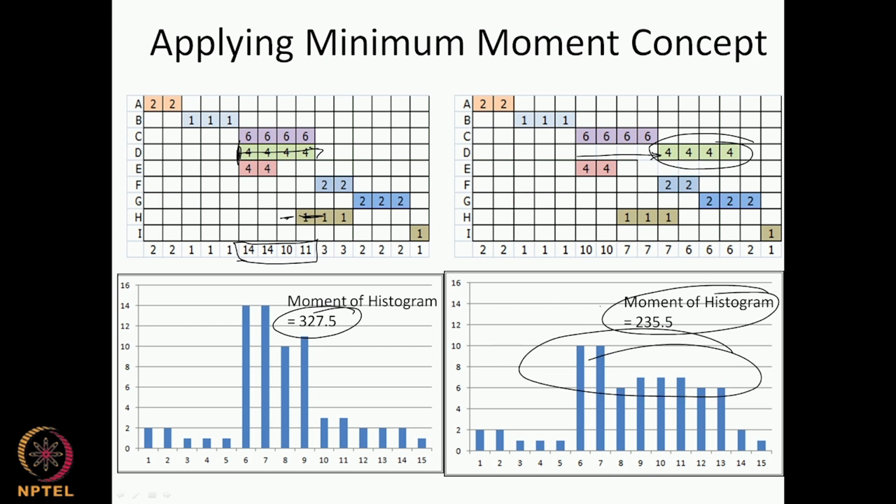So when we are looking from a leveling perspective, especially for a rectangular kind of shape, we are saying this histogram is better than this because it has a lower moment, and it is more towards a rectangular profile than this, and this metric gives us that justification.